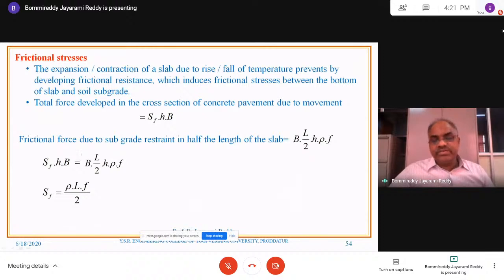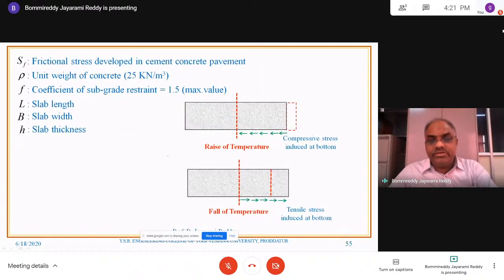Then frictional stresses. So here, frictional stresses, just you can look at this diagram. This is the cross section of the slab. And when the temperature is more, it is going to rise, increase.